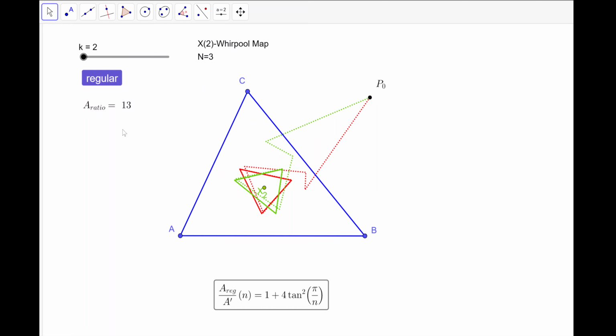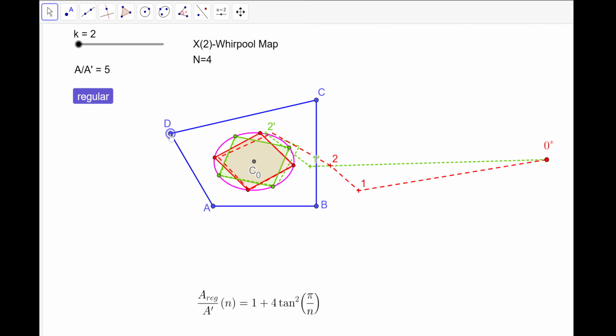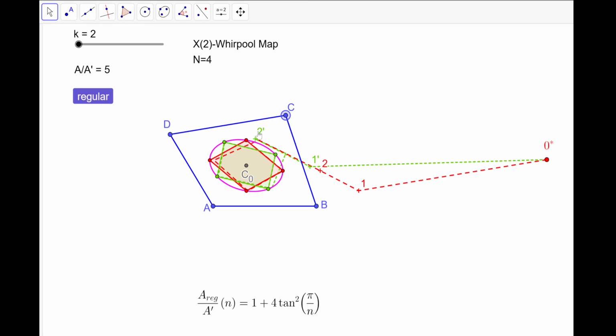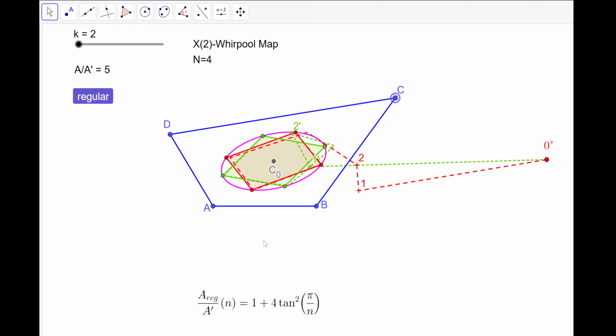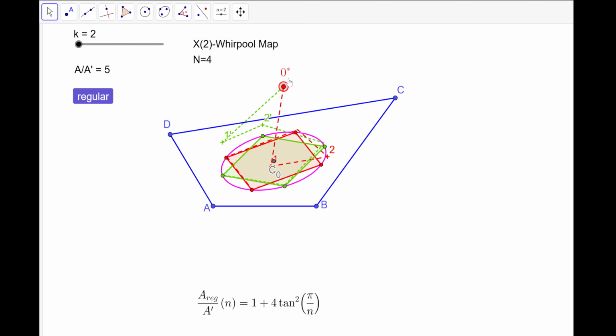Let's go to the n equals 4 case, because I want to talk about this very interesting property of n equals 4. Let's go ahead and start from, without any loss of generality, an n equals 4 problem here, very similar. We already saw this in the previous video, that when you run both counterclockwise red or clockwise iterations green, you get these two terminal parallelograms shown red and green here.